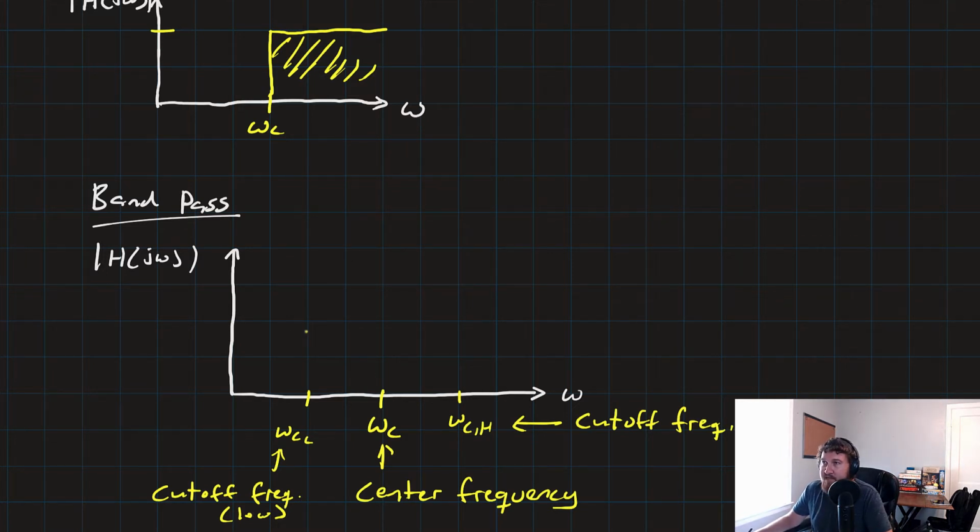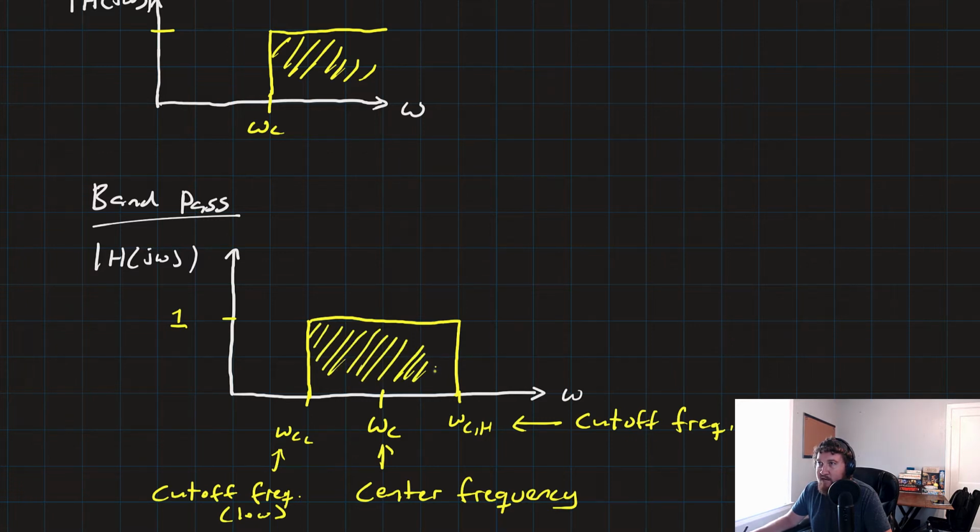And in this band is where we let everything move through undisturbed. So the passband now becomes this sort of floating region centered around the center frequency. So it's 1 in that region, and it's 0 everywhere else.